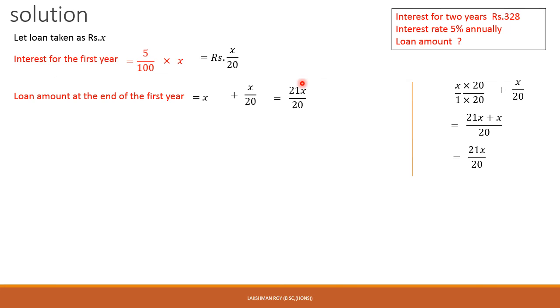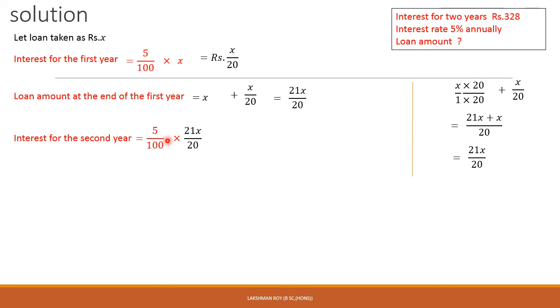Now when you calculate interest for the second year, you have to use this amount, right? So that is the interest for the second year. Now you can see the rate is 5%, that is not changed. It is 5 for 100. That should be multiplied by the loan at the end of the first year, which is an algebraic fraction, so multiply 21x over 20. So here is multiplication of algebraic fractions.